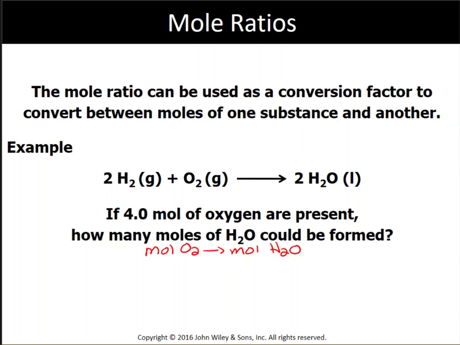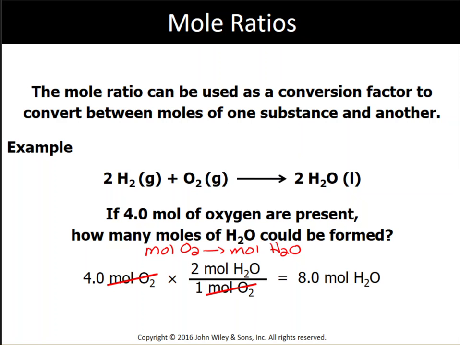So starting with 4 moles of O2, based on the balanced reaction, each 1 mole of oxygen produces 2 moles of H2O. You set it up in a way that mole and mole of oxygen cancel out, and you end up with the number of moles of H2O.